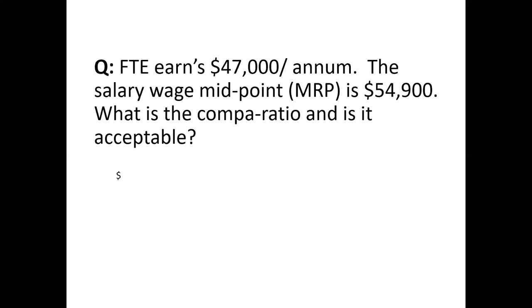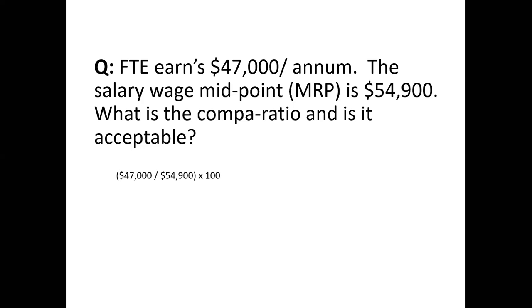So what we're going to do, first and foremost, is take the annual salary and divide it by the mid-range point. Let's get a comma in there, and then we'll multiply it by 100. Sorry, I think you can see where I'm going with this.